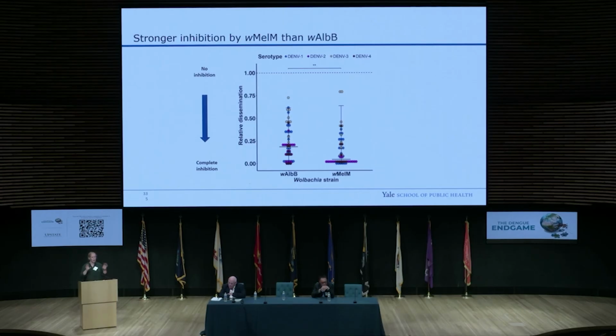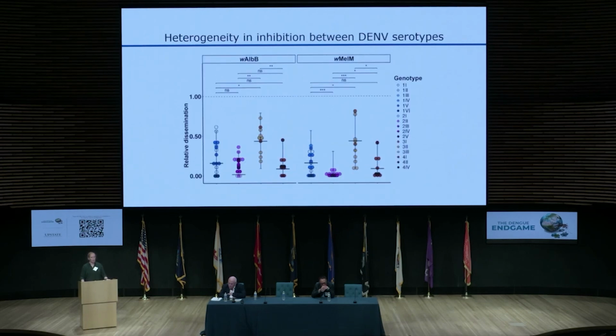And so if we first split up the data by the two Wolbachia types, we see a more intermediate inhibition by WLB and overall a stronger inhibition by WML. But again, there is still a huge range. To take this one level deeper, I'm showing the same data, so again every dot is one virus that we tested. Now we're breaking it down by the two Wolbachia types as well as the 4 serotypes within.